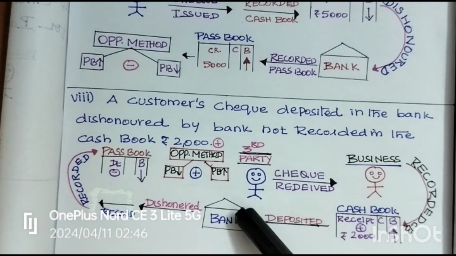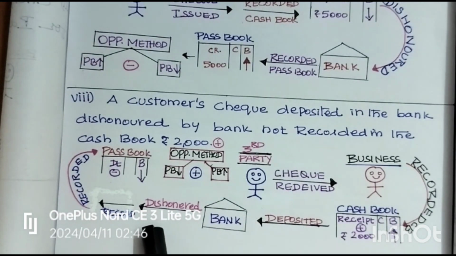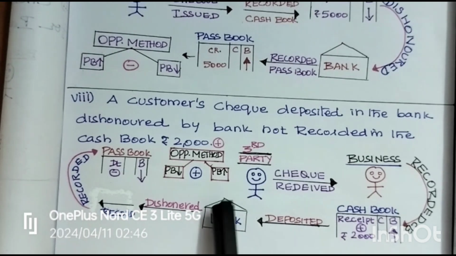Okay. Listen. On due date, the check was dishonored. The check was not cleared because there is no sufficient balance in the bank account.